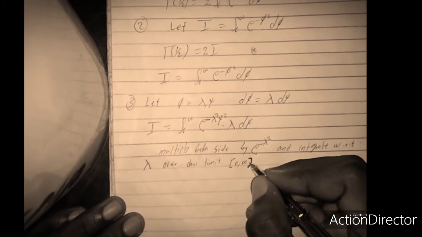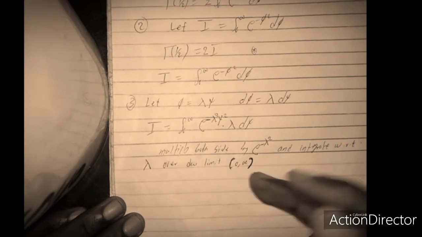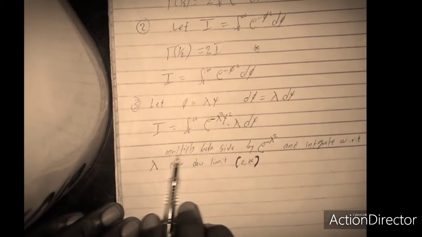Sorry, this is open here. So 0 to what? Infinity. Let's make it an open set. So over this limit 0 to infinity. So now let's put this statement here.